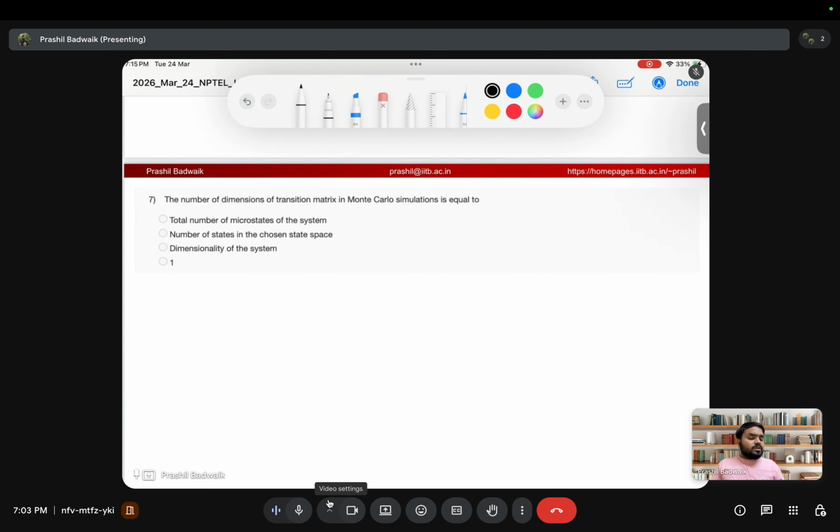As you know, in Monte Carlo simulations we are standing at a particular state A and we are moving to some other state Z, which is the equilibrium state.